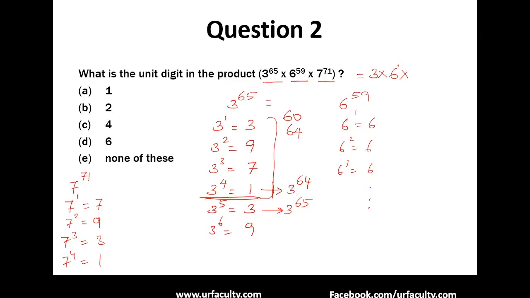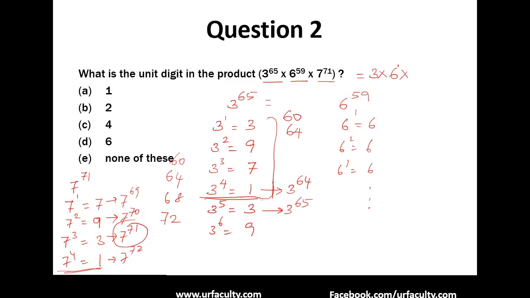So for 7 power 71, how does a multiple of 4 work? We know 60 is there, then 64, 68, 72. So after 68, it is 7 to the power of 69, 7 to the power of 70, 7 to the power of 71, and then 7 to the power of 72.